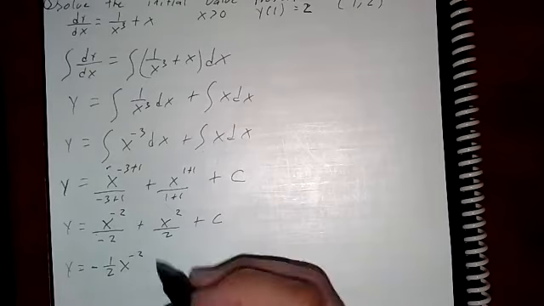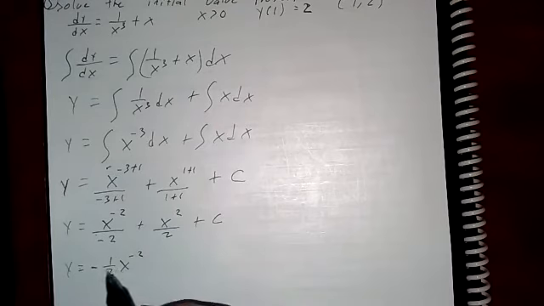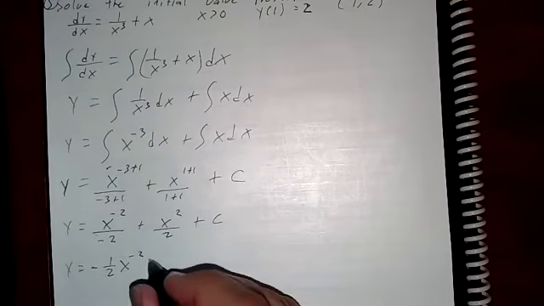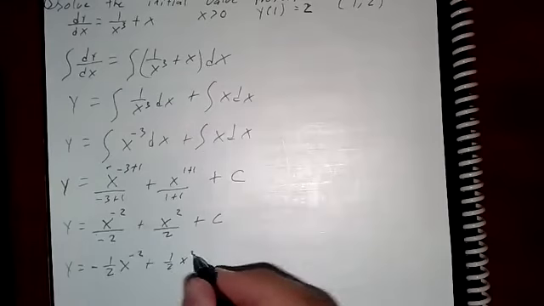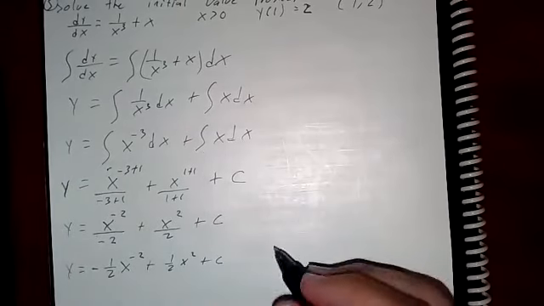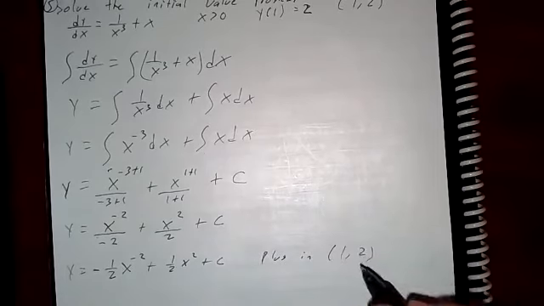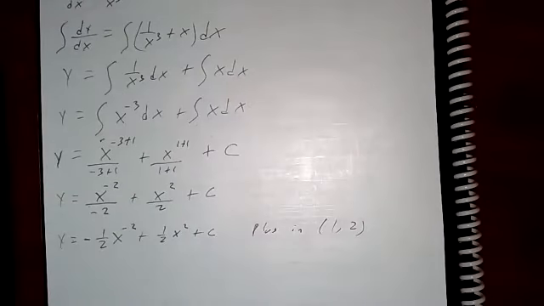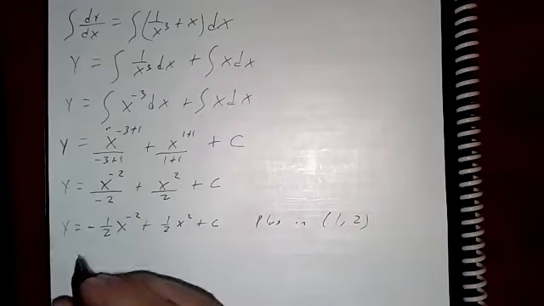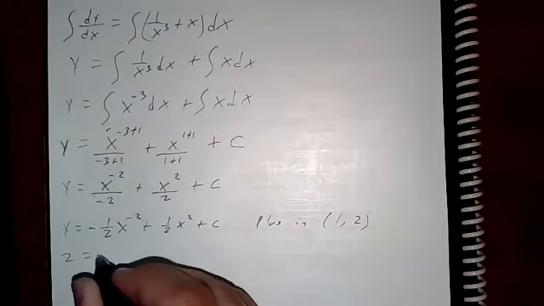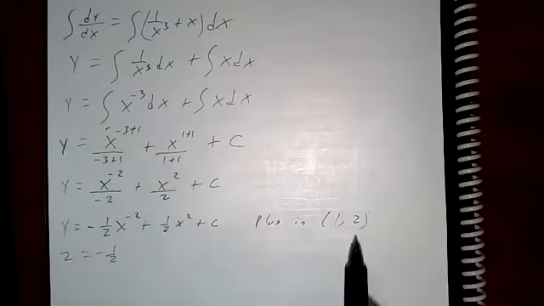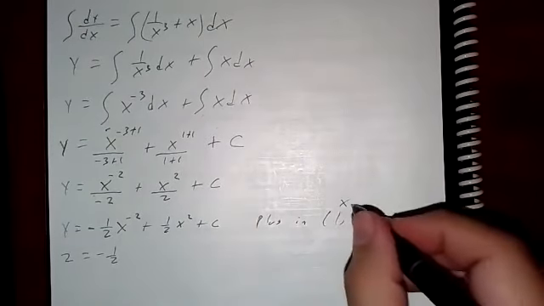Let's make this a little prettier: put the minus in front, put the half in front. At this point, plug in (1, 2), the initial value, to solve for c. Plug it in for the y and for the x, so y is 2, x is 1.